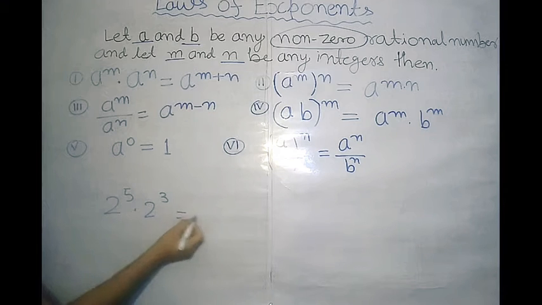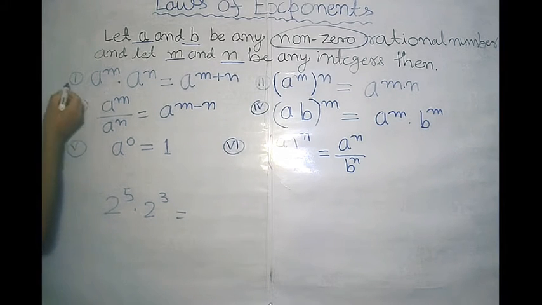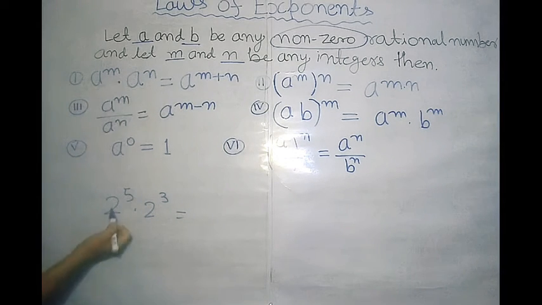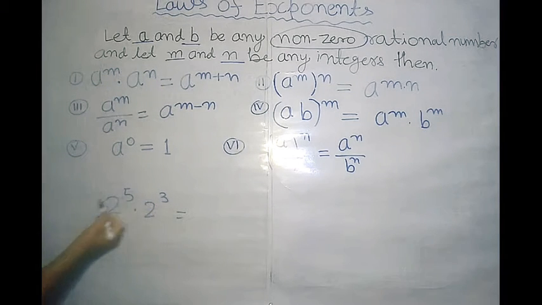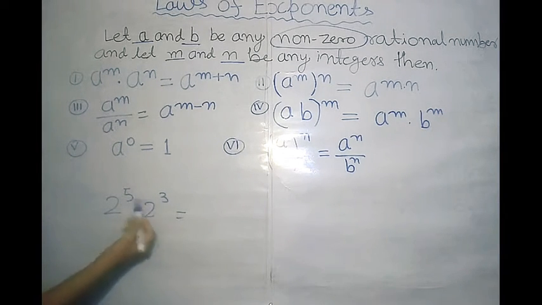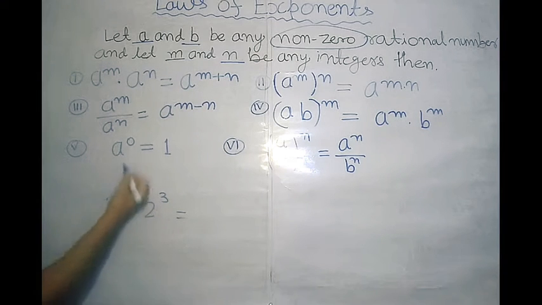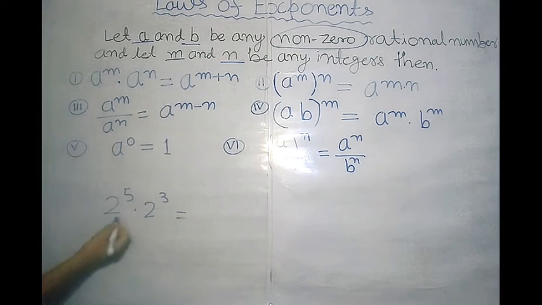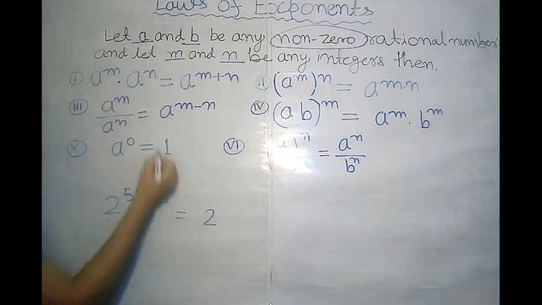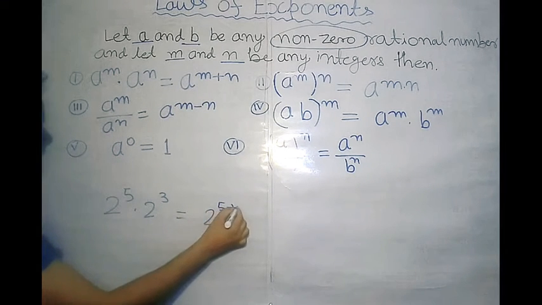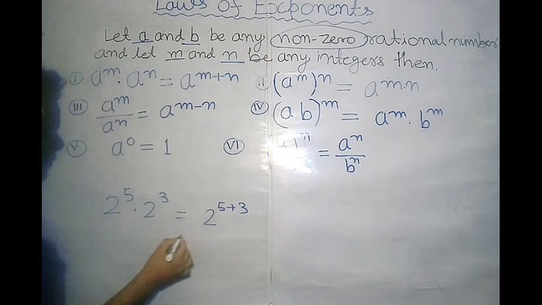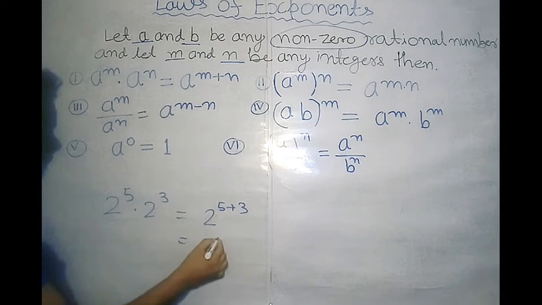What will be the answer? The base is 2, so you write 2 only, and the power is m plus n, which means 5 plus 3. So the answer is 2 raised to the power 8.